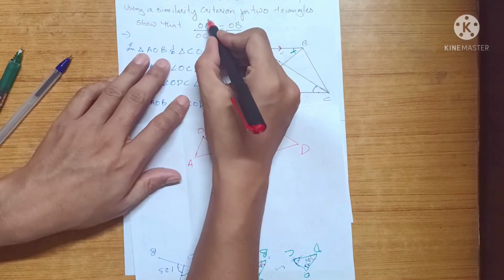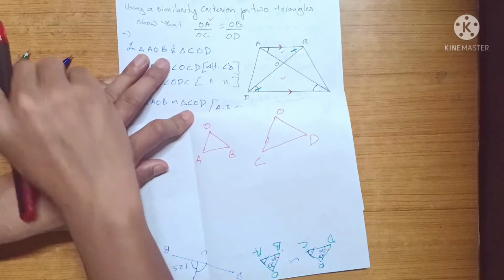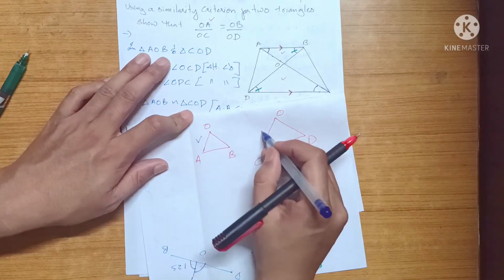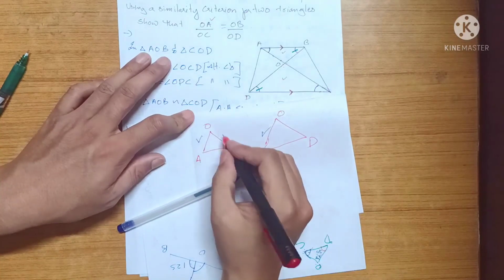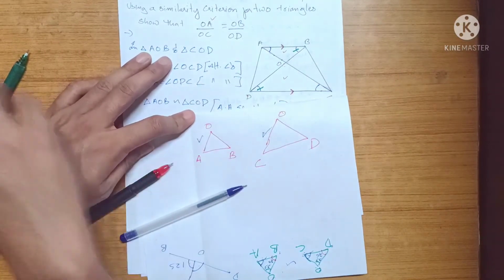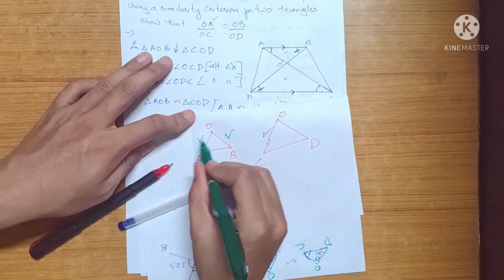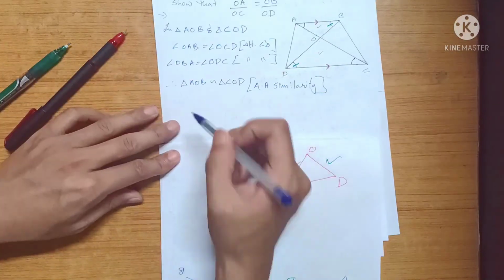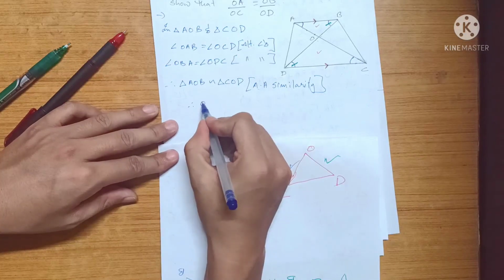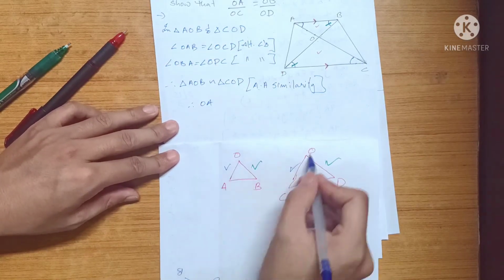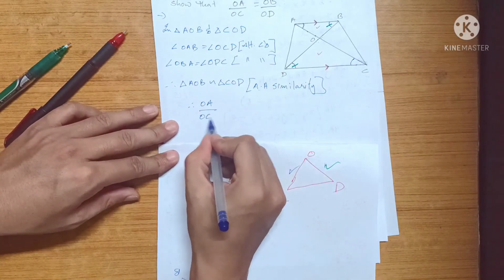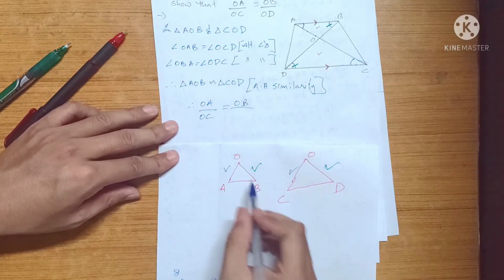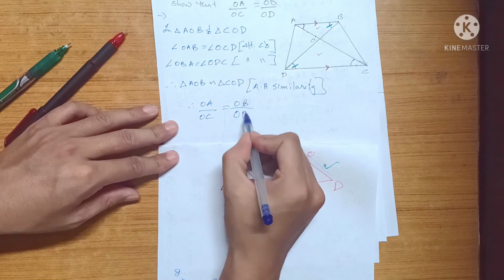So look at what we need. OA. So OA is here. So I'm going to take this one by OC. OC is right here, and then OB. We need OB. So we need this side and this side. So therefore, OA, this side divided by this side, according to the ratio, equal to OB by this.